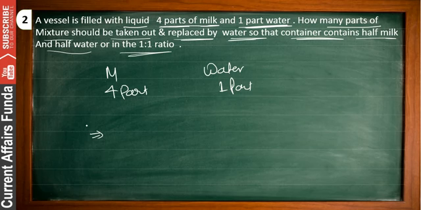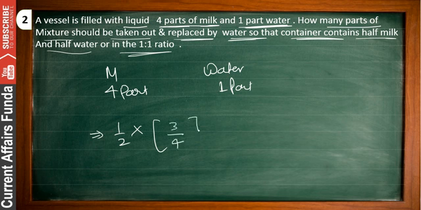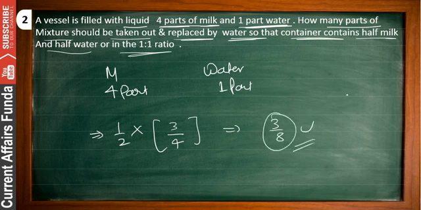So taken part of mixture will be equal to half multiplied with big value minus small value, that means 4 minus 1, it will be 3, divided by big value, that means 4. So friends, 3/8 part should be taken out and after that your ratio will become 1:1.